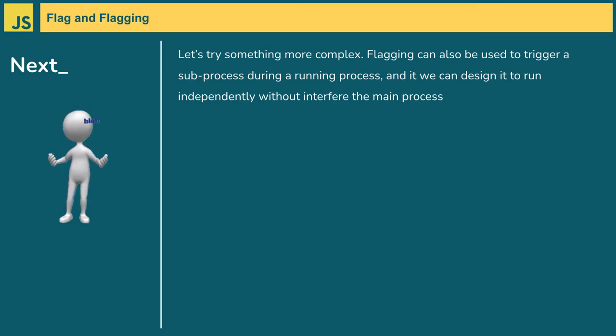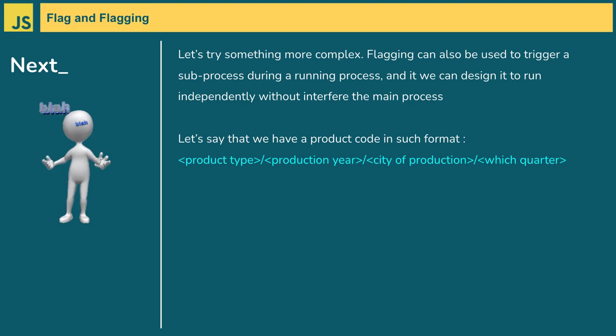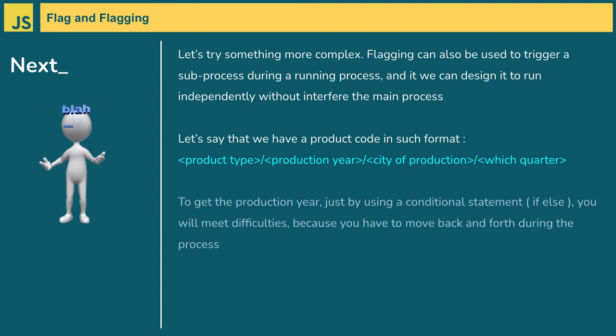Okay, moving forward, let's try something more complex. Flagging can also be used to trigger a subprocess during a running process, and we can design it to run independently without interfering with the main process. Let's say that we have a product code in such format. We have the product type / production year / city of production / which quarter it is being produced. To get the production year, just by using an if else conditional statement, you will meet difficulties because you have to move back and forth during the process.